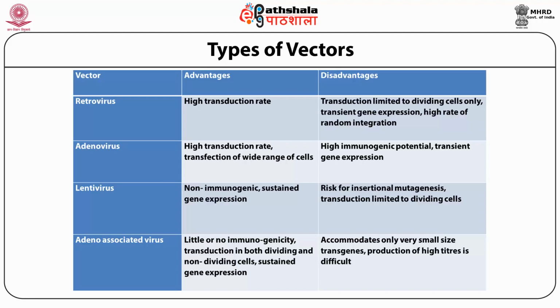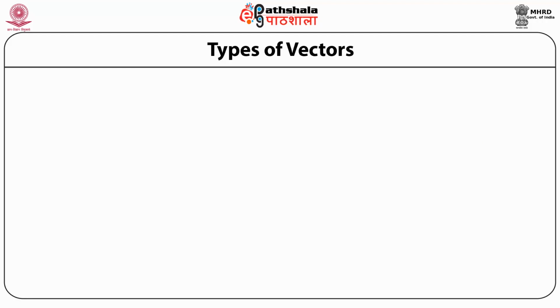Adeno-associated virus shows little or no immunogenicity, and transduction can occur in both dividing as well as non-dividing cells. The gene expression is also stable. However, the disadvantage is that they can accommodate only a very small size of transgene and the production of high titers is difficult.